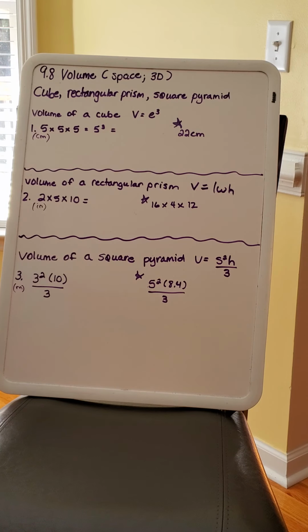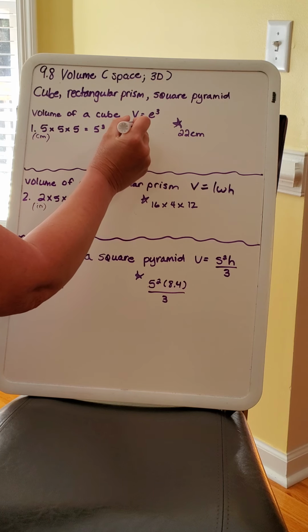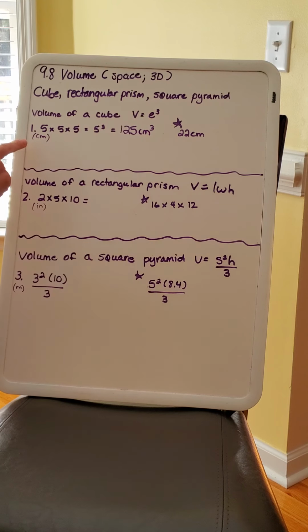So that's 5 times 5 times 5, or 5 cubed, and that will be 125 centimeters cubed. I have the unit over here in parentheses. Be sure to put the unit in your answer.